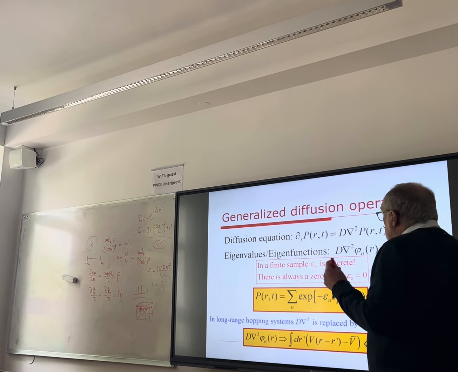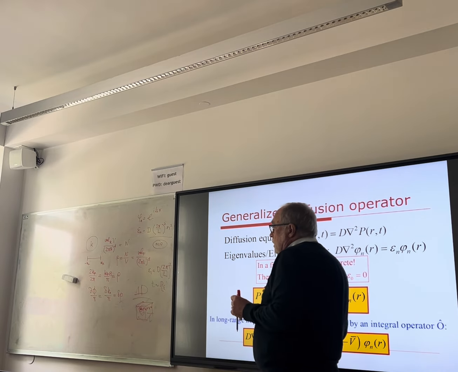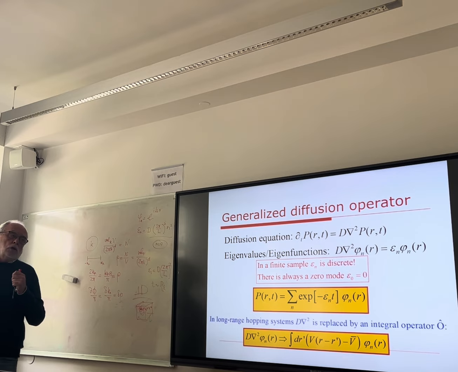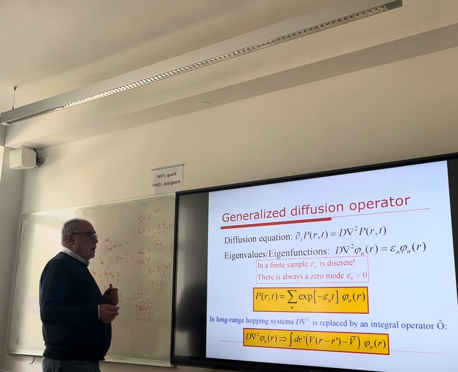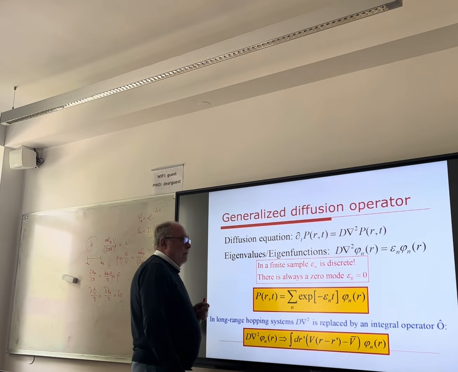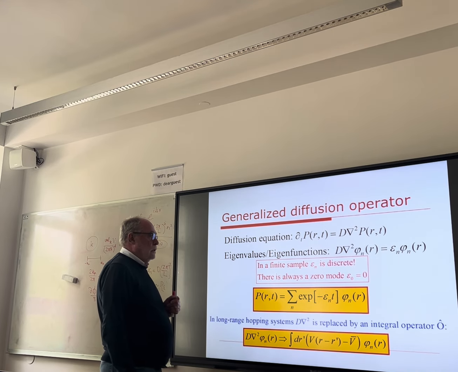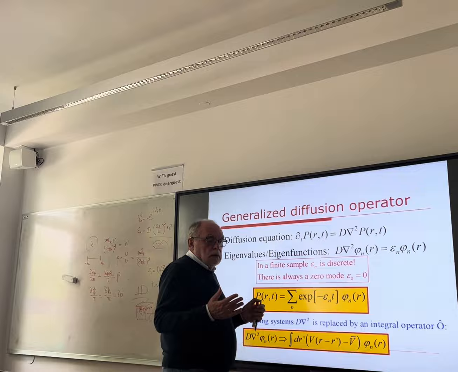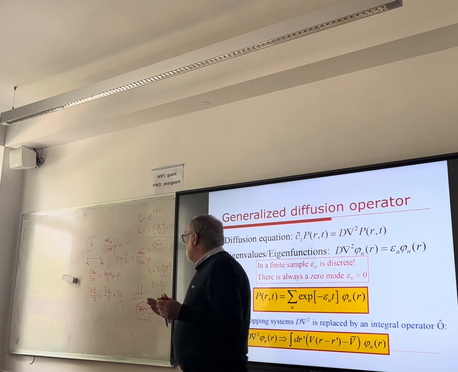And now we can generalize this thing for the case, let's say, of long-range hopping. So if there is a long-range hopping, then of course there is no differential equation, but still there is the same physics.